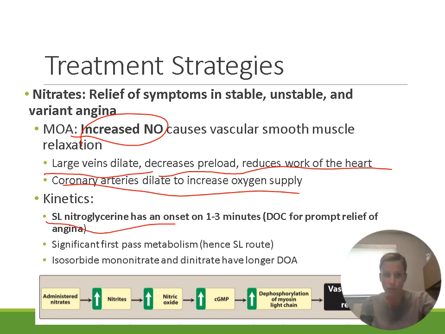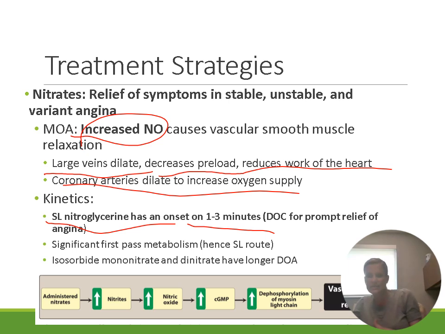Sublingual nitroglycerin is what patients use for acute attacks. So we try and prevent them, but they're going to happen sometimes. Patient starts getting chest pain, they're going to grab their nitroglycerin, put a tablet under their tongue, and let it dissolve under their tongue. Sublingual nitroglycerin has an onset of between 1 and 3 minutes.